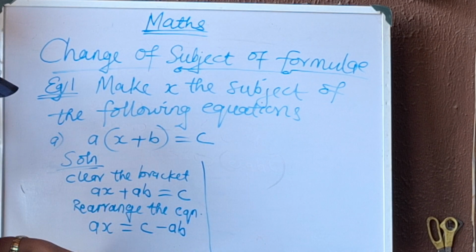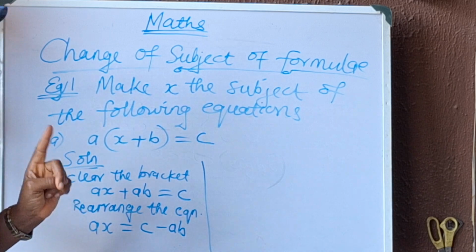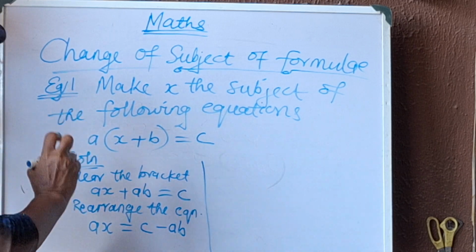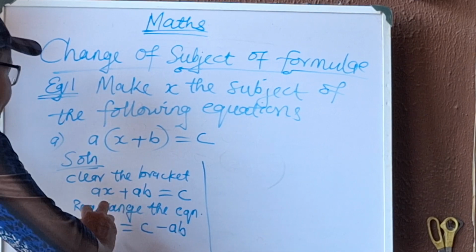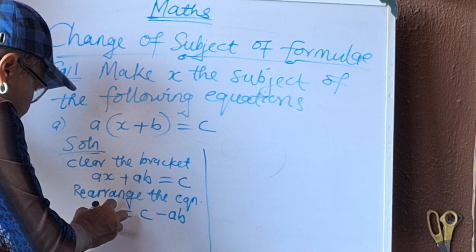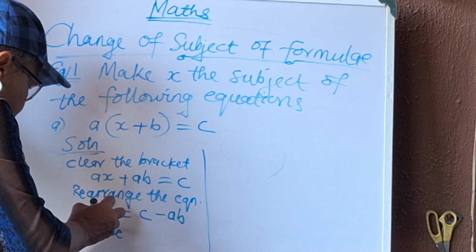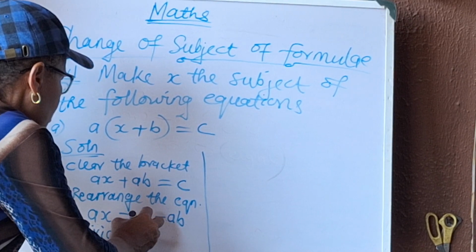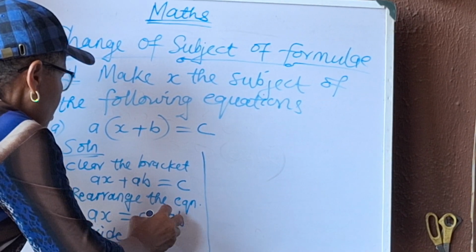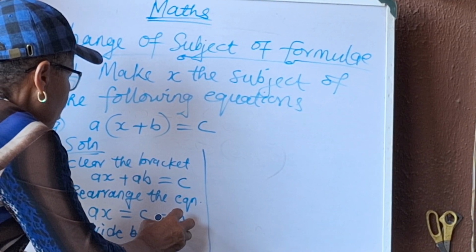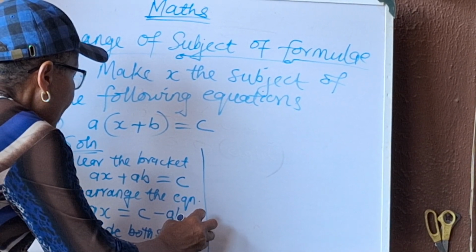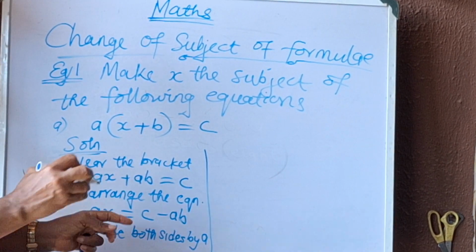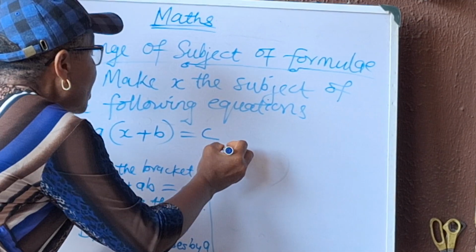Right? Then the next thing now is to divide both sides of the equation by a. If we divide both sides by a now, we should have something like this.